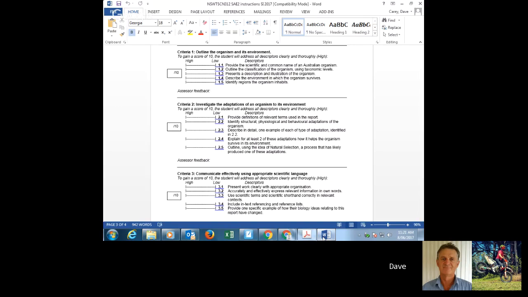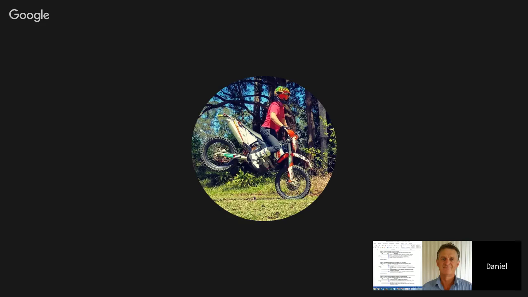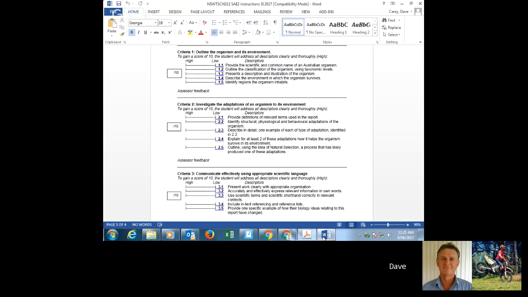So we're going to talk about the adaptation of living in a protected dirt mound. That's a behavioural adaptation. And how does it help them to survive? It protects them from being exposed to a high temperature environment. That stops them from drying out. Now, that's 2.4.